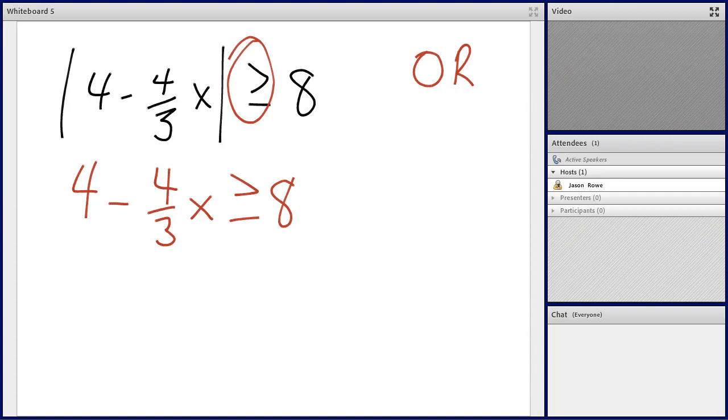The second one, we change two things. We change the inequality symbol, we flip it, and we make the number on the opposite side its opposite, so -8. So now this is a two-step inequality.